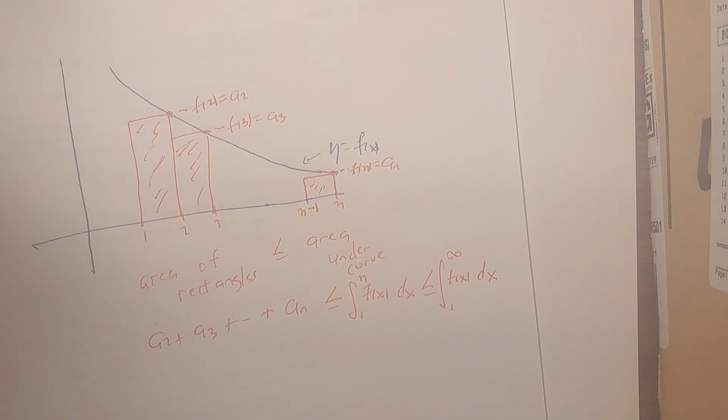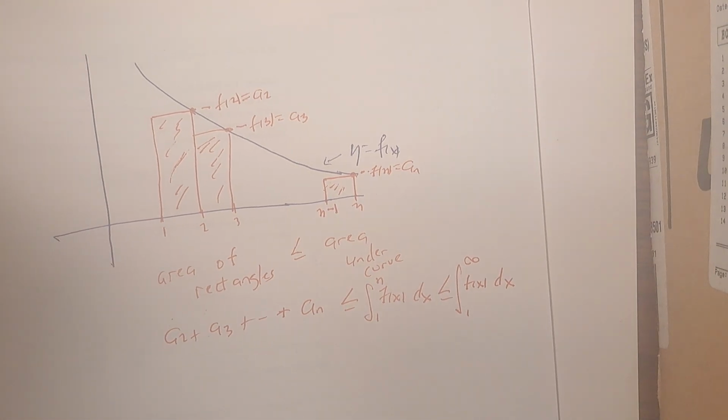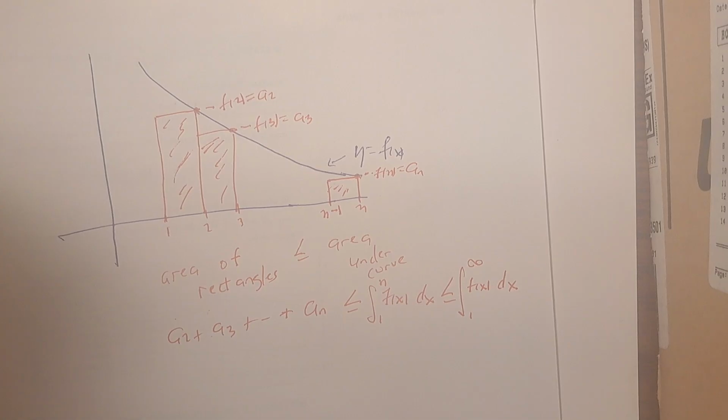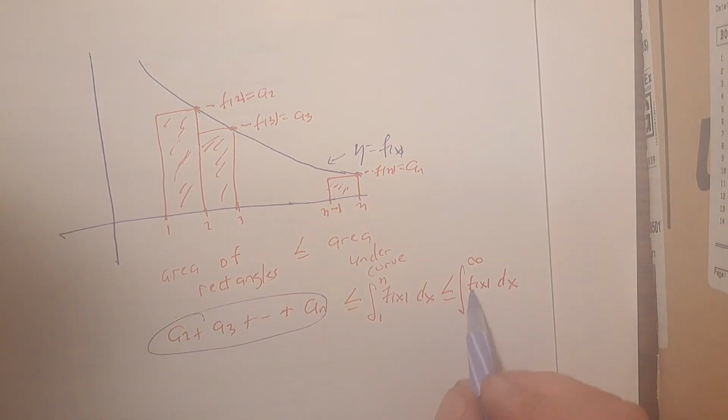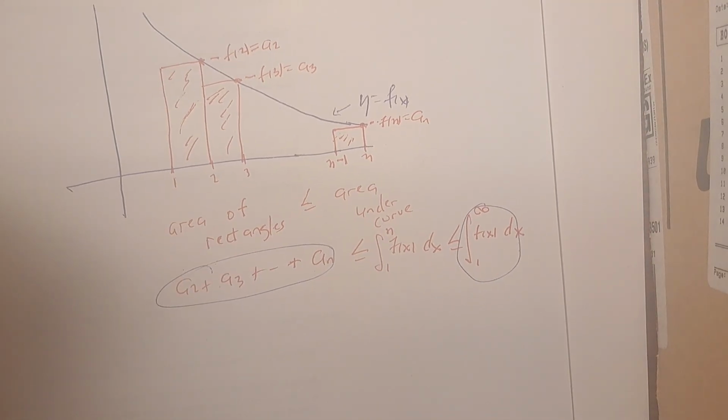Just because it looks neater, it doesn't make any difference mathematically, but what I care about is how this one compares to this one. So I'm going to add the number a sub 1 on to both of these things.